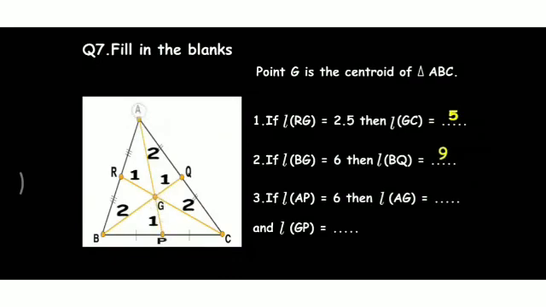So the length of whole median, that is AP, is 6. We will divide 6 in the ratio 2:1. So we will get AG as 4 and we will get GP as 2. When we add 4 plus 2, we will get 6. So this way you will solve this sum.